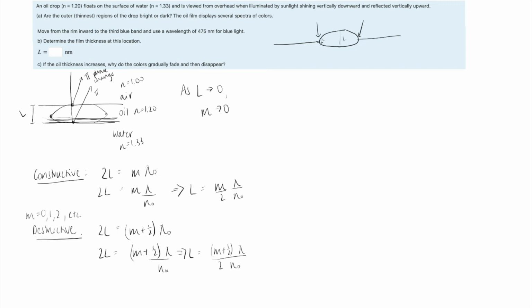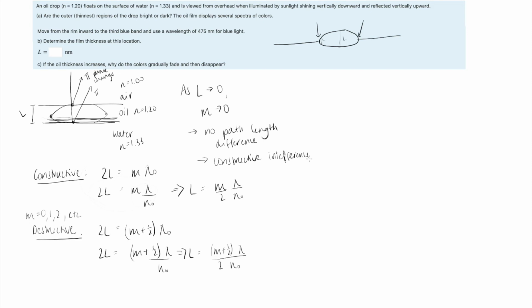So right at the absolute edges, as m approaches 0, that suggests that there's going to be no path length difference. And if there's no path length difference, given our conditions, that must suggest that we've got path length differences that are integers of the wavelength. This suggests that at the absolute edges, we have to have constructive interference.